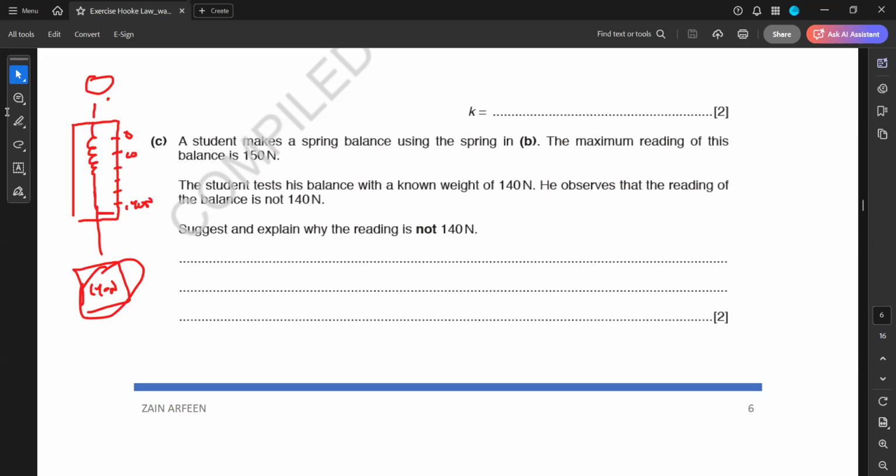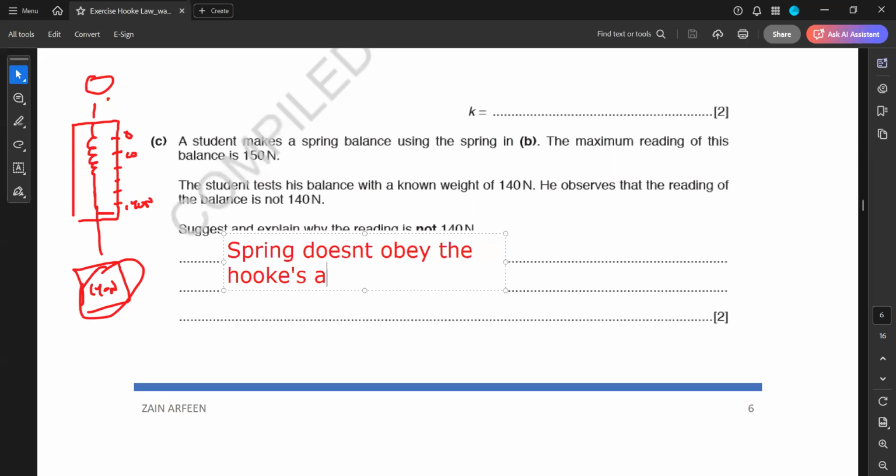So what could be the reason? The suggestion is that the spring does not obey Hooke's law and it exceeds the elastic limit. You can also say limit of proportionality.